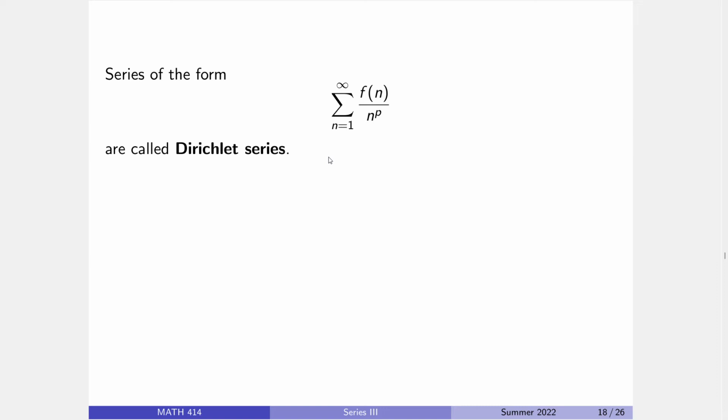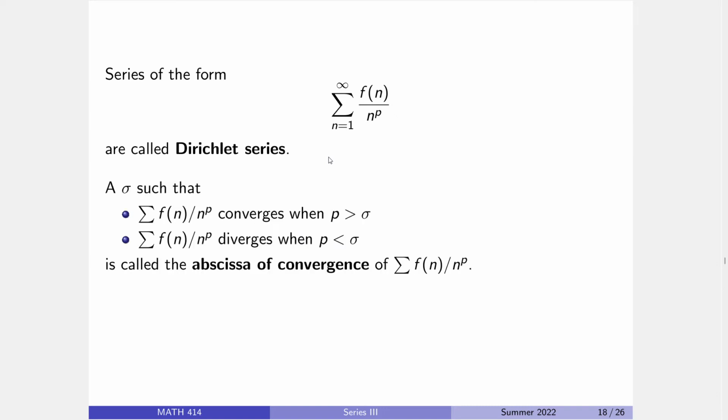Okay, so the following series, these are called Dirichlet series. Dirichlet was a mathematician who studied these, and the main thing that you're interested in with Dirichlet series is what's called its abscissa of convergence. Now, what a word, right? That's when you want to flex on people. That's when you really want to let people know that I'm a serious person and I do serious mathematics.